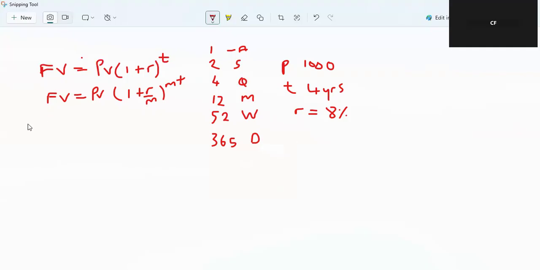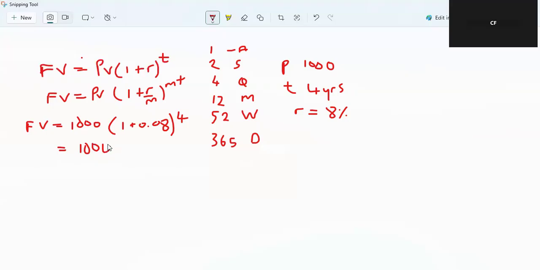So future value for annually, we use formula 1. What is our present value? 1,000. What is our rate? 8%. 1 plus 0.08 to the power 4 years. So what are you getting? 1,000 times 1.08 to the power 4.